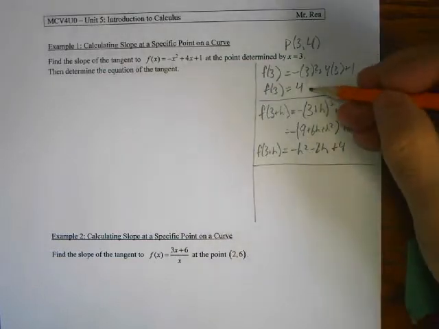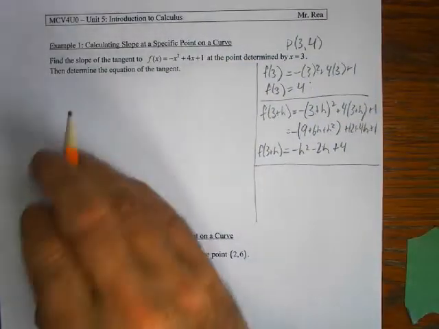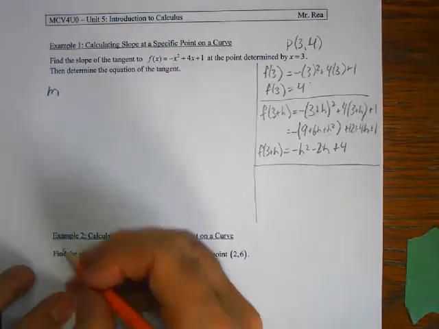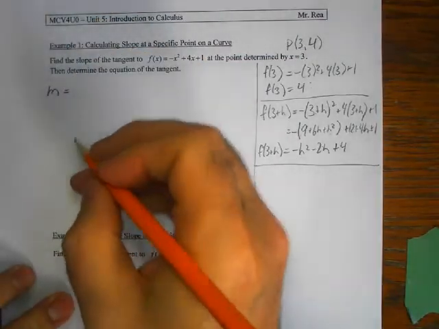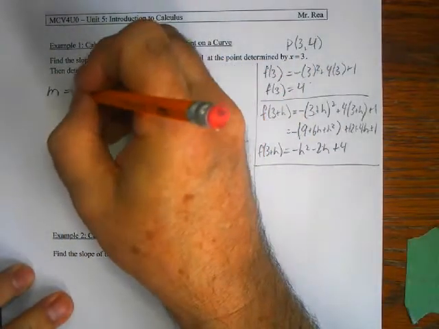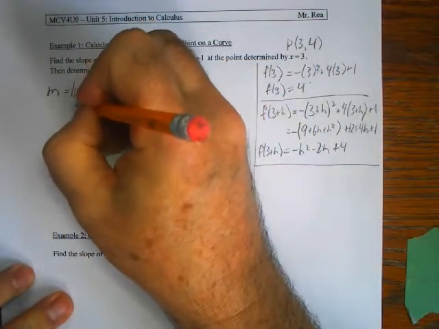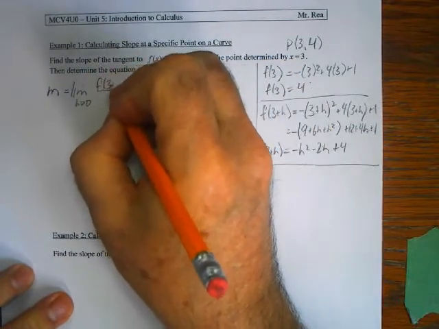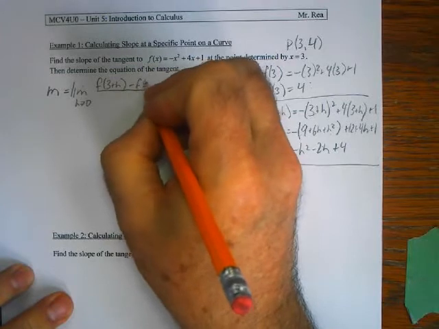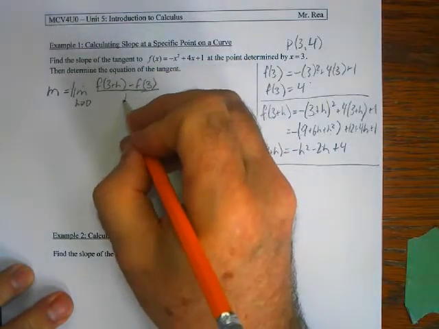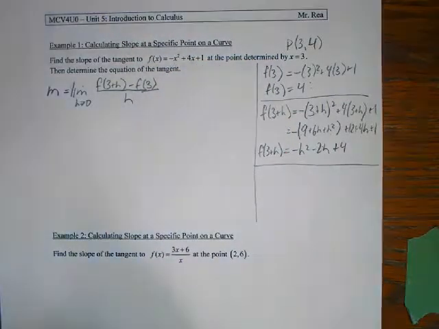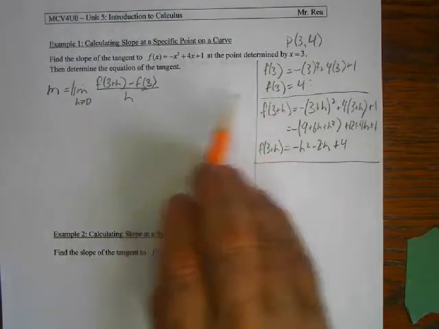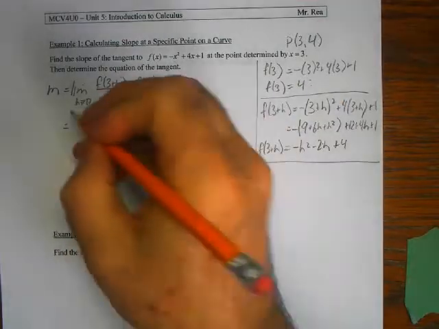So these are the two values we plug in. So I'm going to go back to here, and our formula is always going to be the slope of the tangent, or m tan you could put, is the limit as h approaches 0 of f of 3 plus h minus f of 3 over h. Okay, and we've already done these calculations for f of 3 plus h and f of 3, so we plug them in.